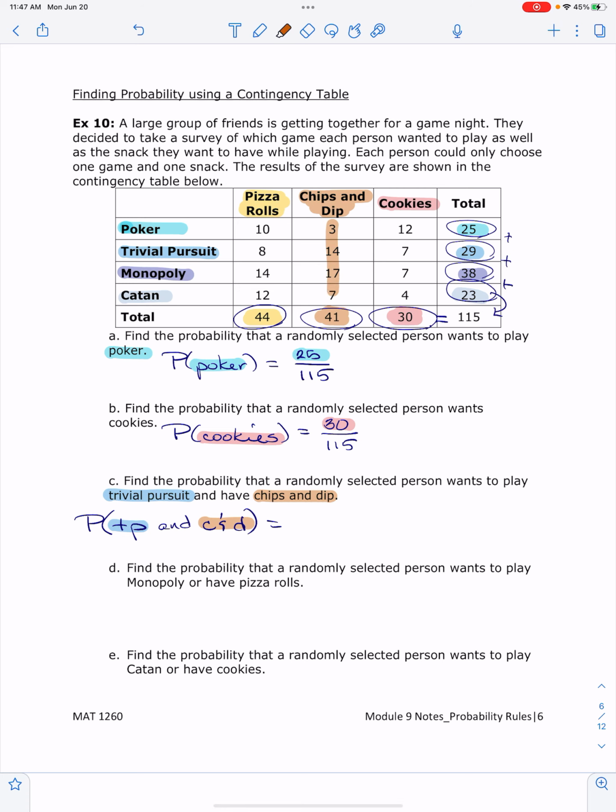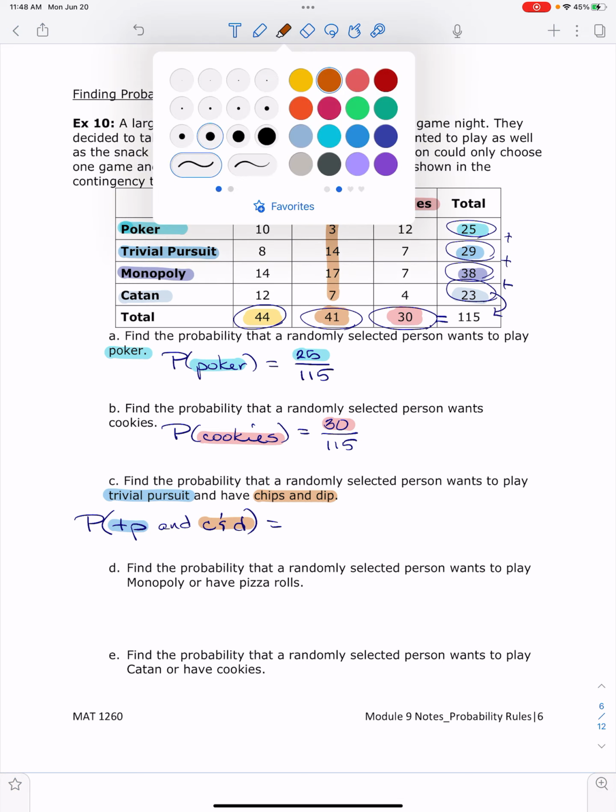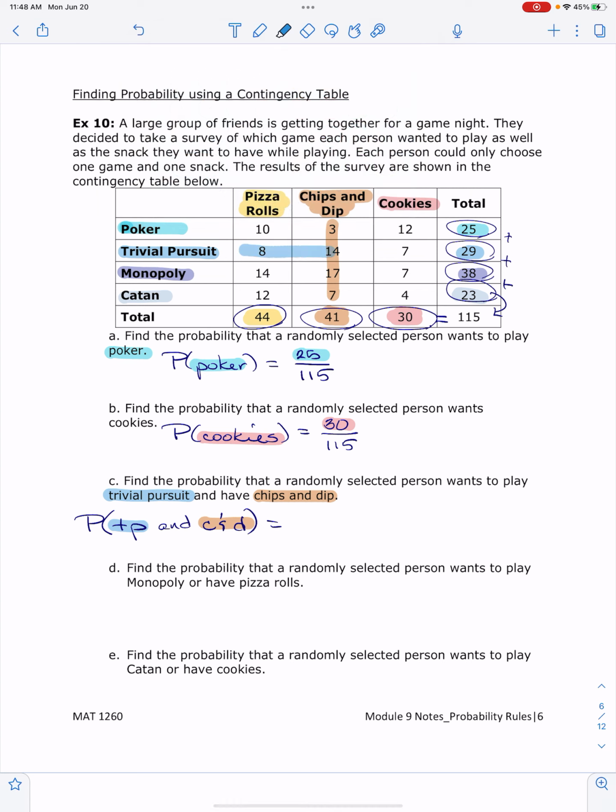Here are all my chips and dip. Here are all my Trivial Pursuit. So it's this 14 right here that want to play Trivial Pursuit and have chips and dip out of my 115 game players. Okay. Notice there, that one's a little different. That one has an and. So I am only looking for where both of those happen.